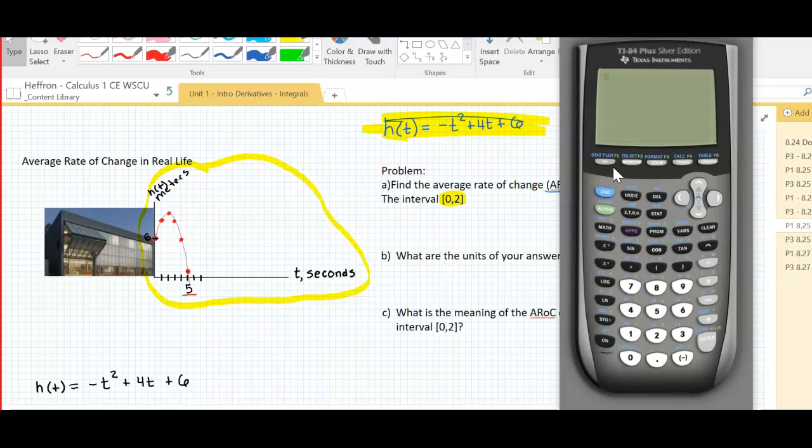First thing I'm going to do is plug my function into the calculator, a negative out front. Instead of t, I'm going to use x because that's the only thing you can use, plus 4t, or x in this case, plus 6.